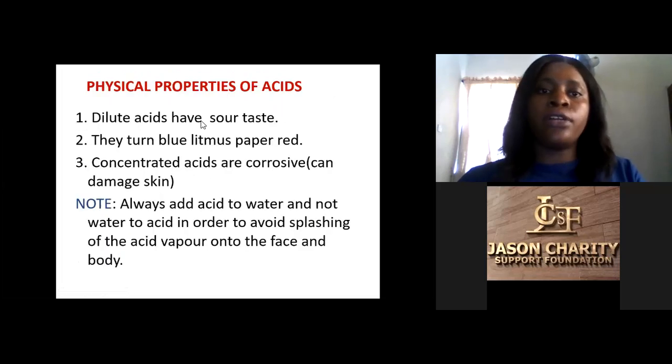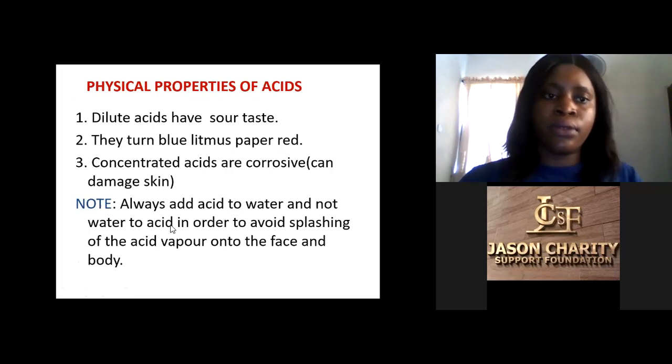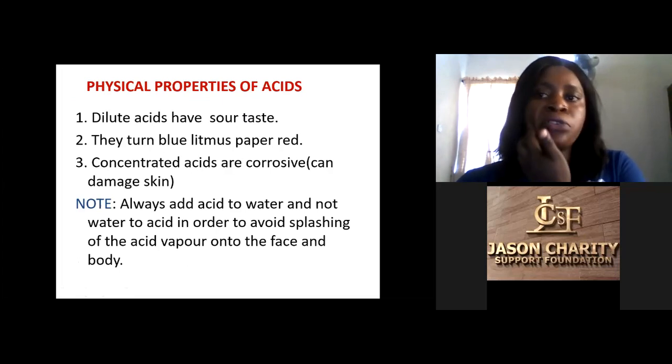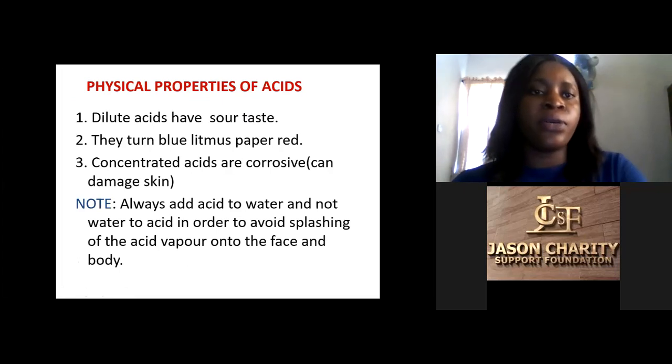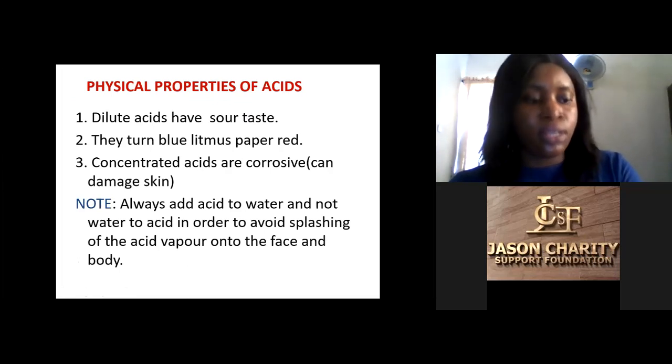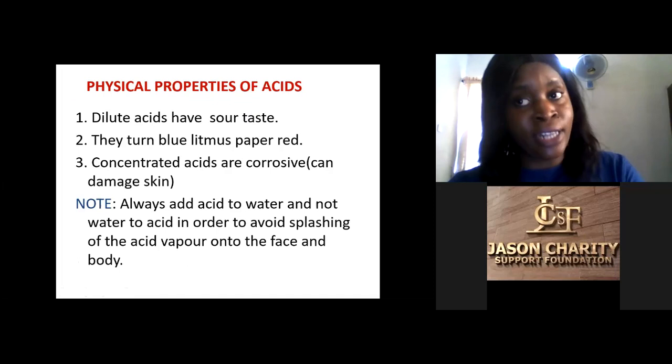All right, so here I have properties of an acid. So I have physical properties of an acid. Now the first one is that the acid has a sour taste. A common example is lemon.